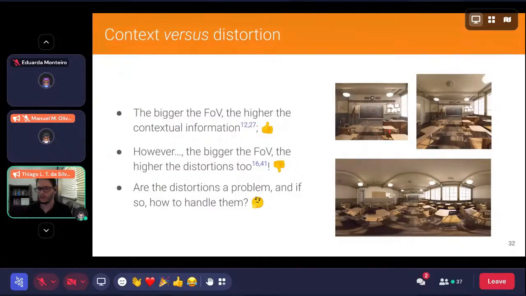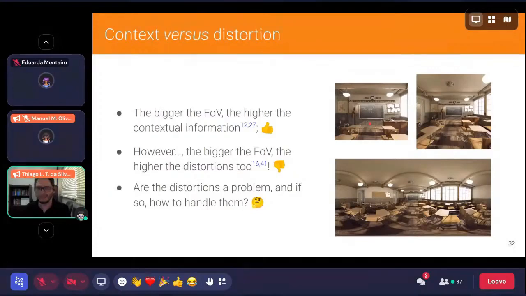We can use some kind of filter that doesn't need to tackle any sampling issue, so it assumes that the sampling is uniform.